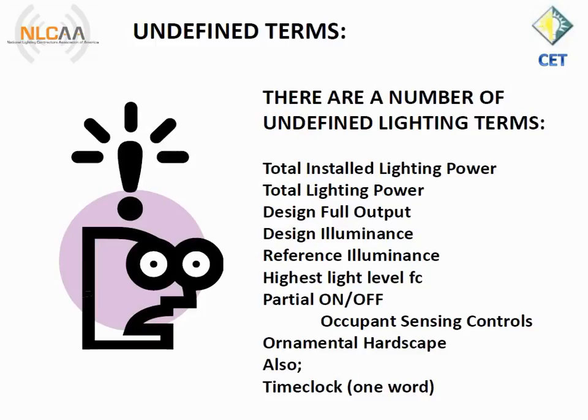So look at all these illuminance levels and power levels: total installed lighting power, design full output, design illuminance, reference illuminance, highest light level foot candles, right? And they're still using an old term, time clock, which isn't even a word in the English language.